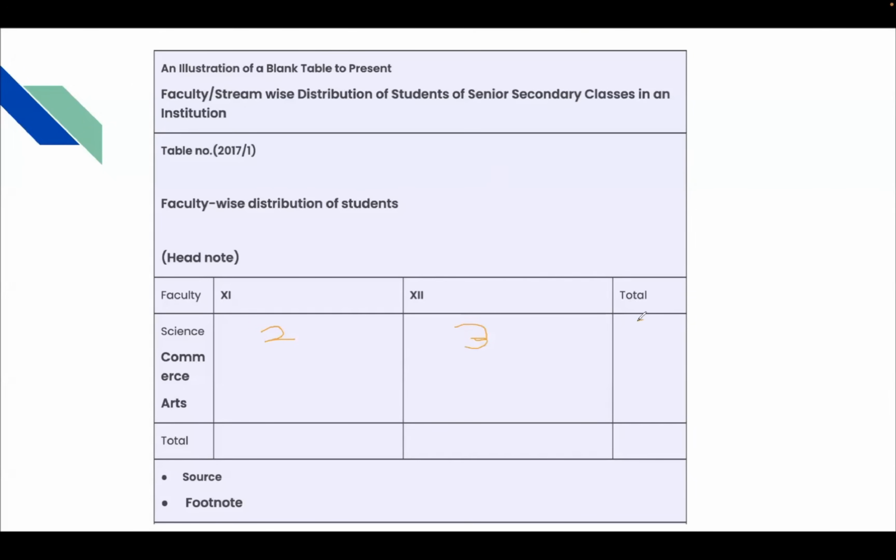The total on this side will be 5. Let's say we have 3 male students and 2 female students in commerce. This is also 5. Now let's say we have 10 male students in arts and 4 female students. That will be 14.